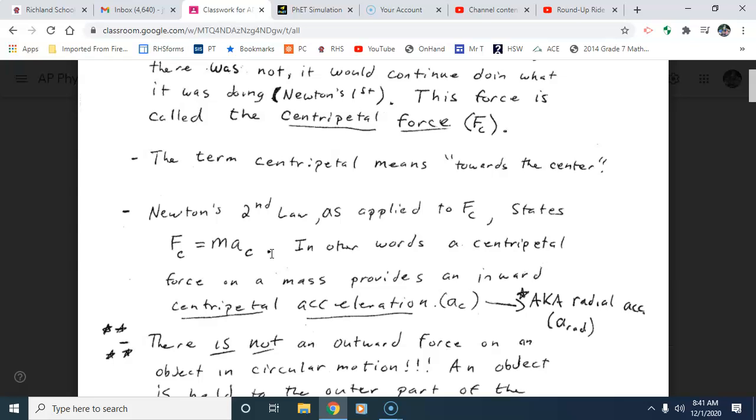In most cases, there's going to be only one force causing something to go in a circle, but there could be multiple ones, and we'll get to those as well. But the most common forces that make something go in a circle are friction, tension, normal, and gravity. Gravity, especially when we're going in orbits, and that's going to be focused on in a later chapter. All right.